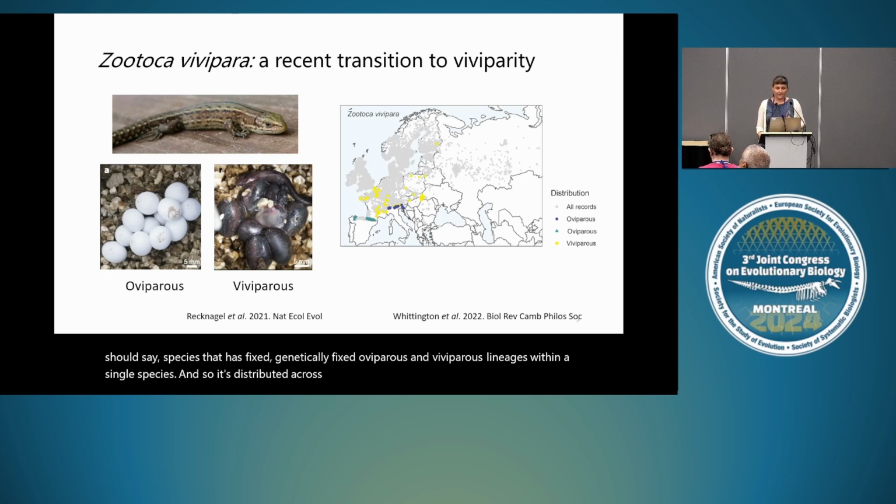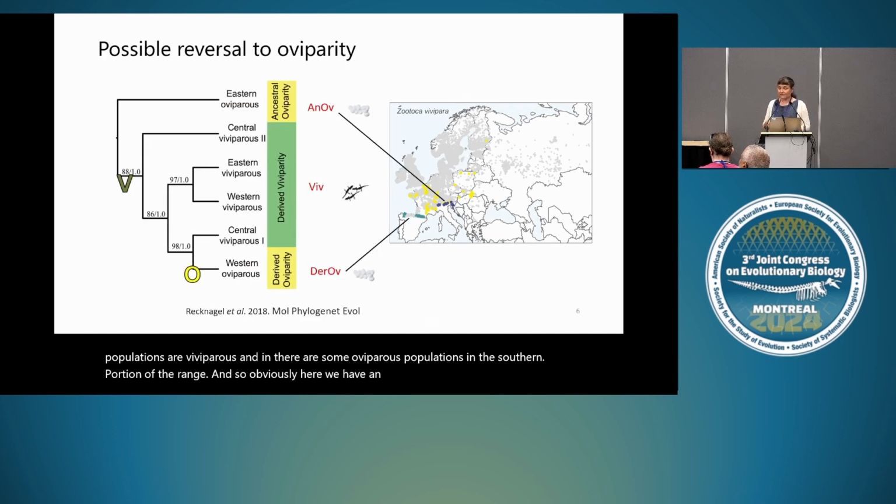We can see on this map that most populations are viviparous, and then there are some oviparous populations in the southern portion of the range. So obviously here we have an excellent opportunity to identify some of the features associated with this trait.